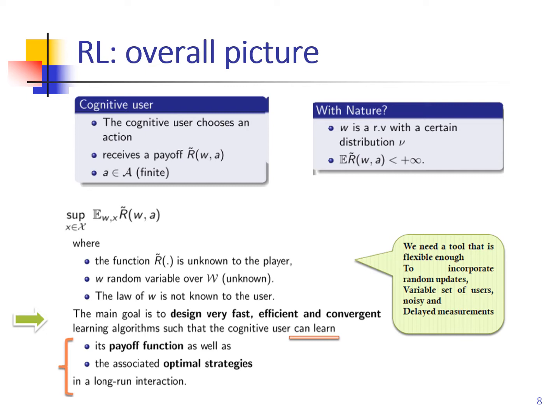W, we said already, is a random variable which is unknown to the agent, so its law or dynamics are unknown. The goal here is to design very fast, efficient, and convergent learning algorithms such that the agent can learn, one, its own payoff function, and two, what is the optimal strategy that the agent needs to take at every iteration.